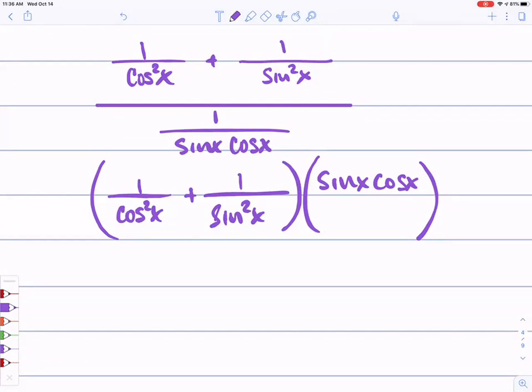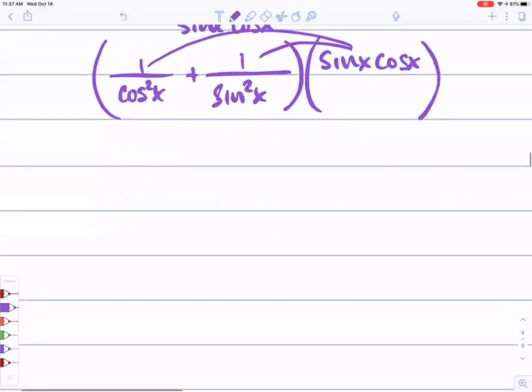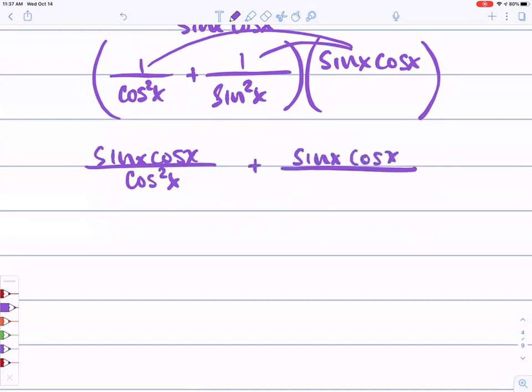How am I going to multiply that? Yes, I have to distribute. Okay. So I'll have sine cosine over cosine squared plus sine cosine over sine squared. Now what?